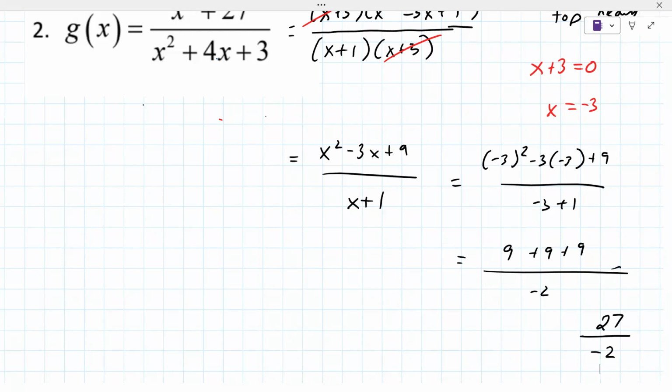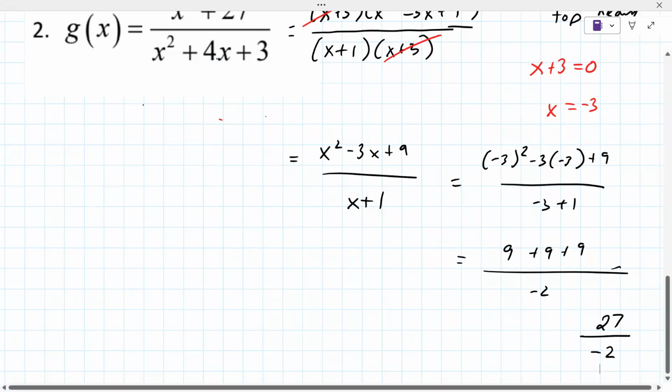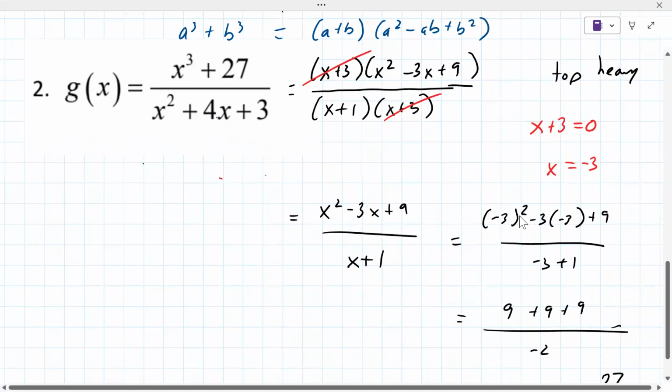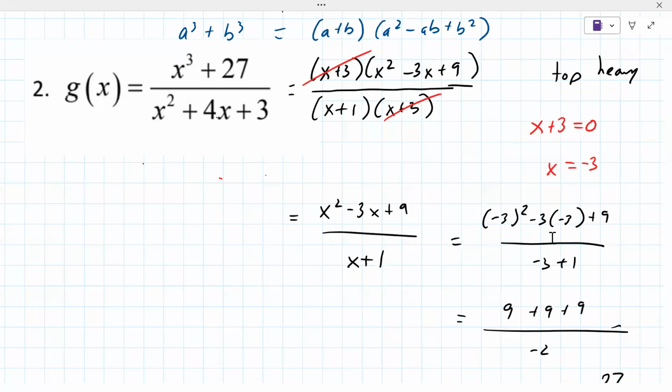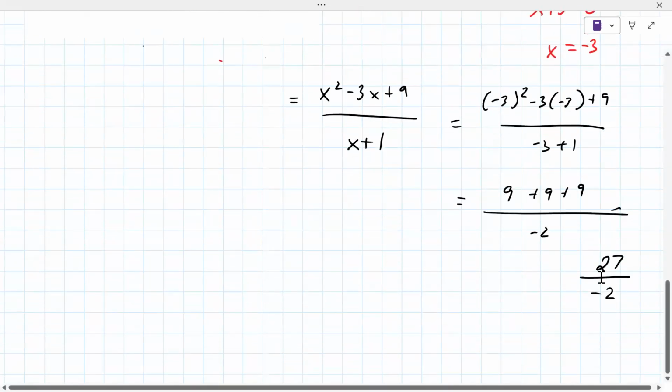I got -45. I got just negative 27 over 2. The negative 3 squared is 9. Negative 3 times negative 3 is 9, plus another 9. Oh yeah, I think I missed that part. I multiplied this fraction. So then you would get 27 over -2.